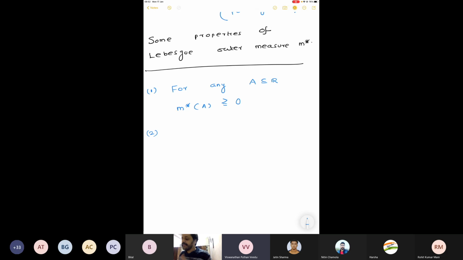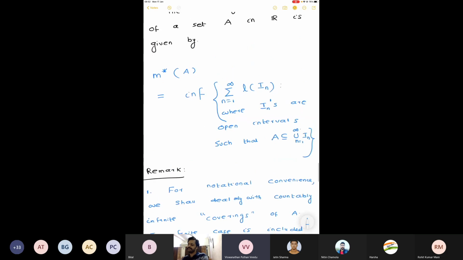Now, the second property which is trivial is the following. Suppose I take A to be the null set. I want M star of the null set. To find M star of anything, first you have to consider a cover consisting of open intervals, and then the sum of lengths of elements in this cover.